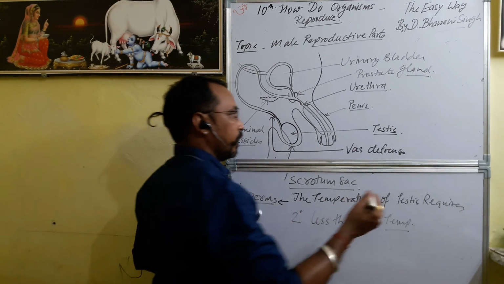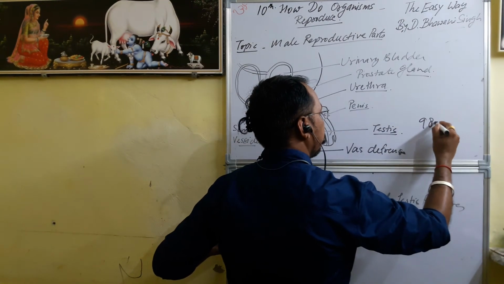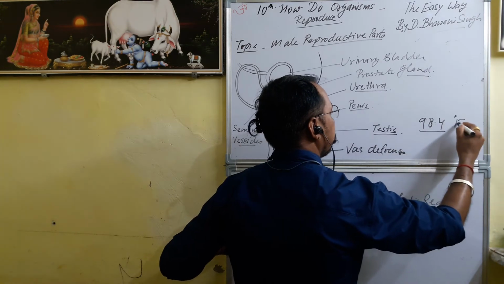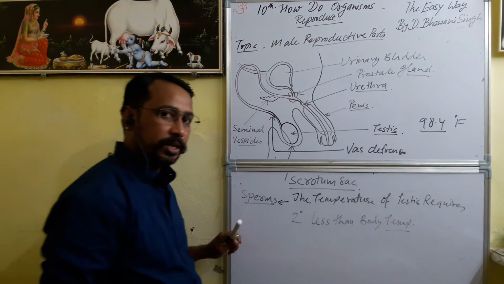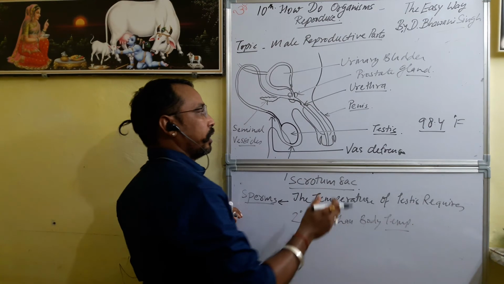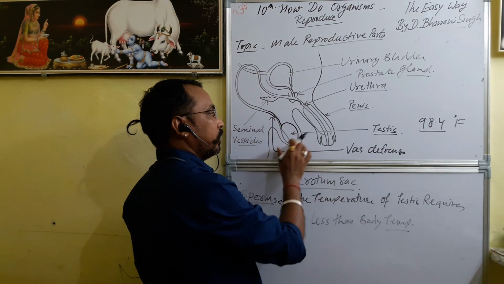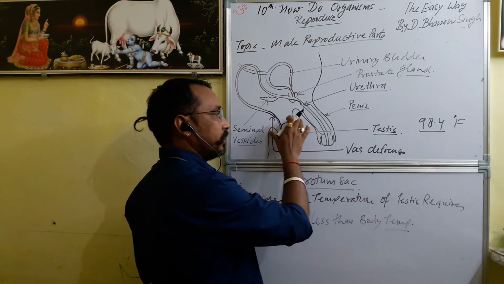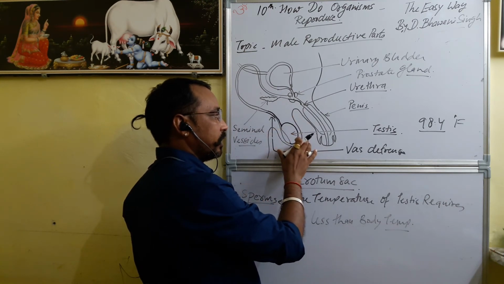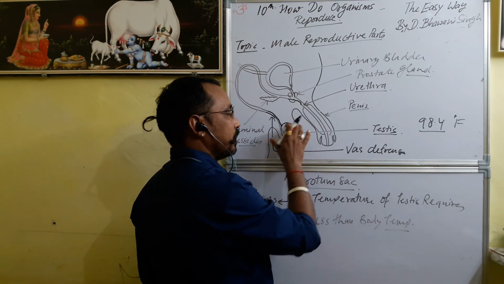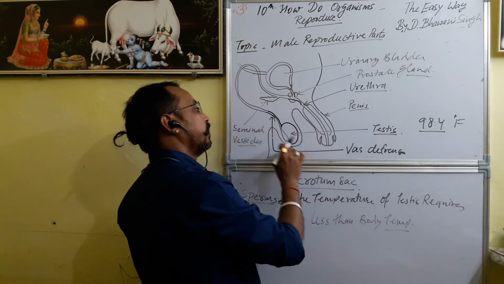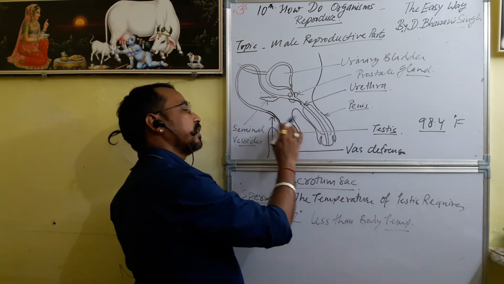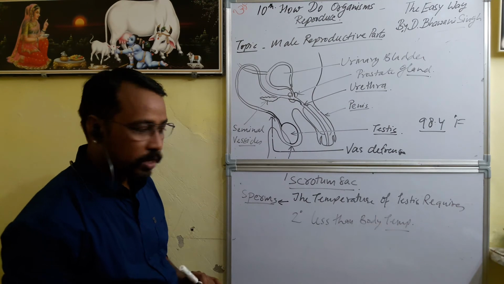We know that approximately 98.4 degrees Fahrenheit is our body normal temperature. But if this scrotum moves downward at the age of puberty, at the adult age, the temperature gets reduced, and finally testes start producing the sperms.